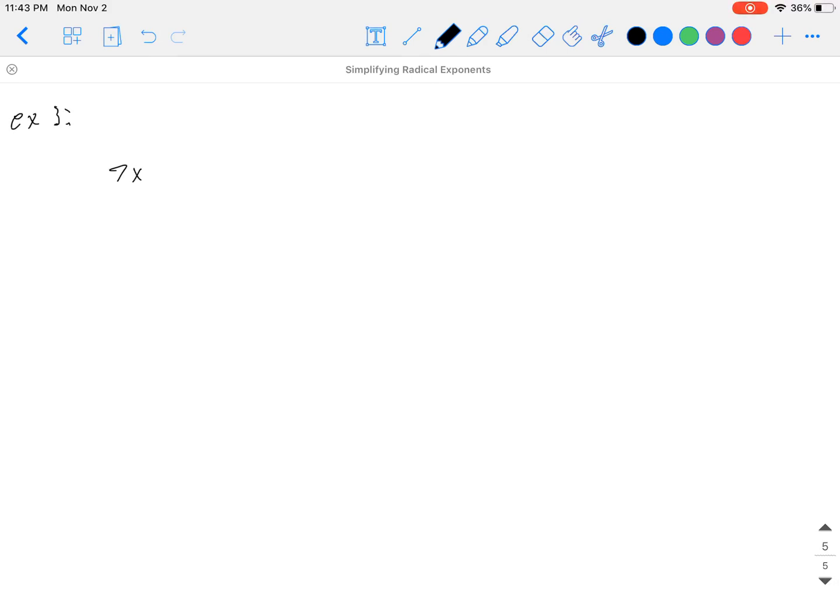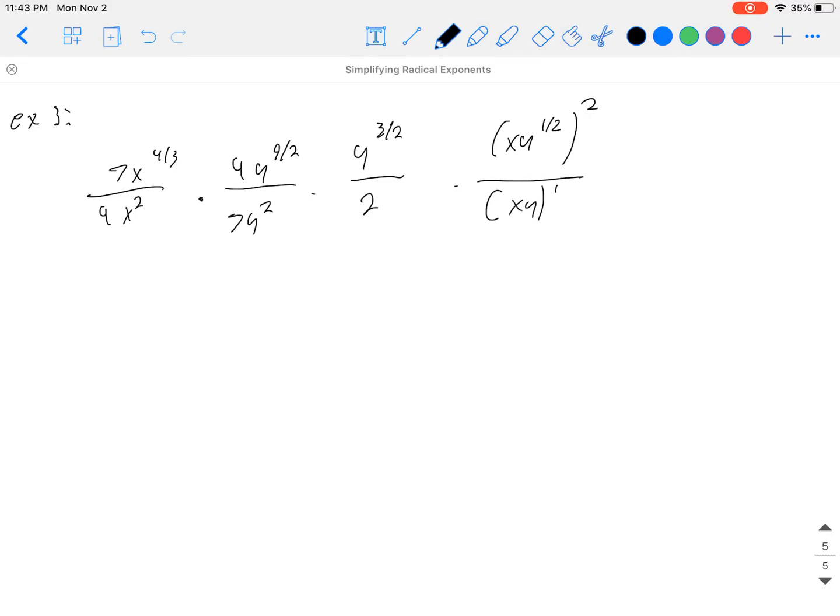We have 7x to the 4/3 divided by 4x squared times 4y to the 9 over 2 divided by 7y squared times y to the 3 over 2 divided by 2 times x to the y to the 1/2 squared over xy to the 1/2 times 5xy to the negative 1/2 over x squared times 2.